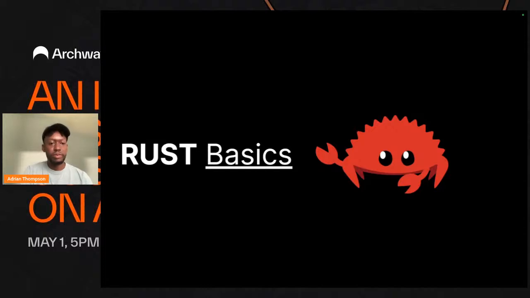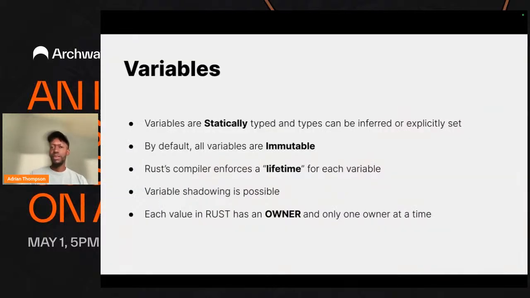Okay, so let's jump into some Rust basics. I'm going to jump into the various areas of Rust that I think are required to fully understand in order to dive deep into Rust. So the first thing is, let's look at variables. Variables are statically typed within Rust, meaning that they are known at compile time as opposed to runtime.